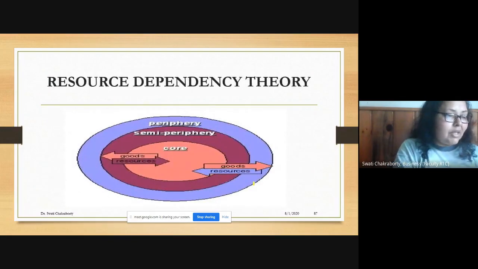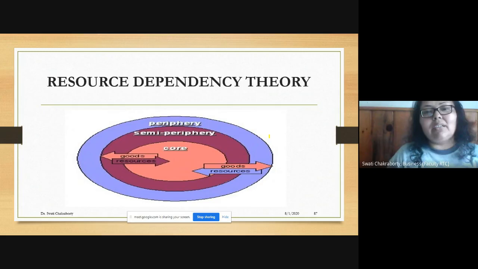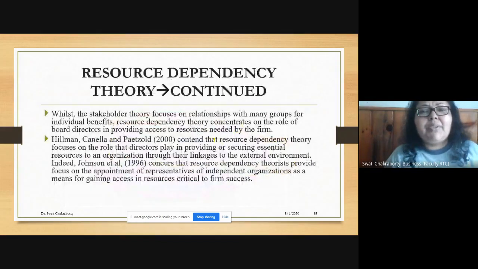Next comes resource dependency theory. Resource dependency is about the resources needed by the organization, right?